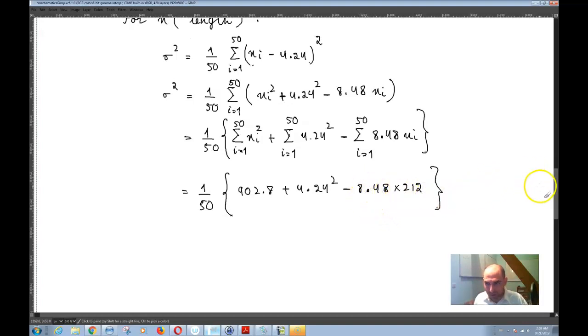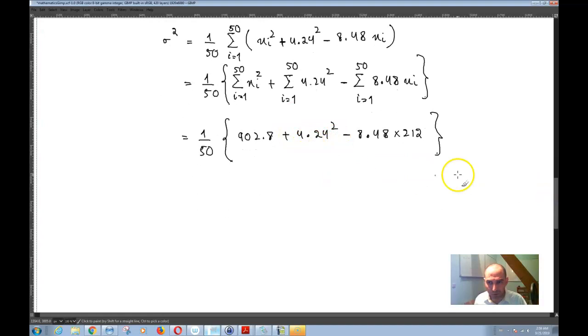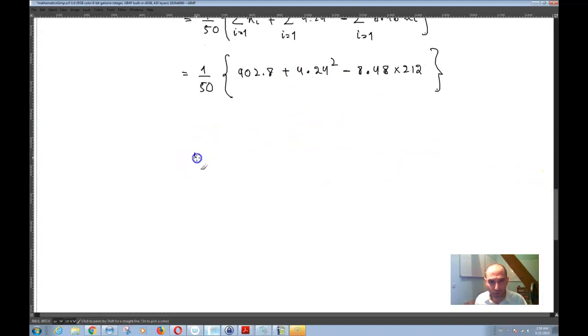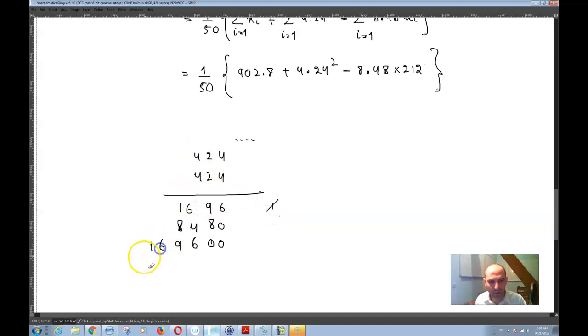So what that means is that now I have 4.24 squared, which is equal to 424 times 424 and 4 decimal places. So I have 4 times 4 is equal to 16, 1, 8, 9, 16, 0. 2 times 4 is equal to 8, 2 times 2 is equal to 4, 2 times 4 is equal to 8, 0, 0, and then 4 times 4 is equal to 16, 1. 4 times 2 is equal to 8, 9, and 4 times 4 is equal to 16.